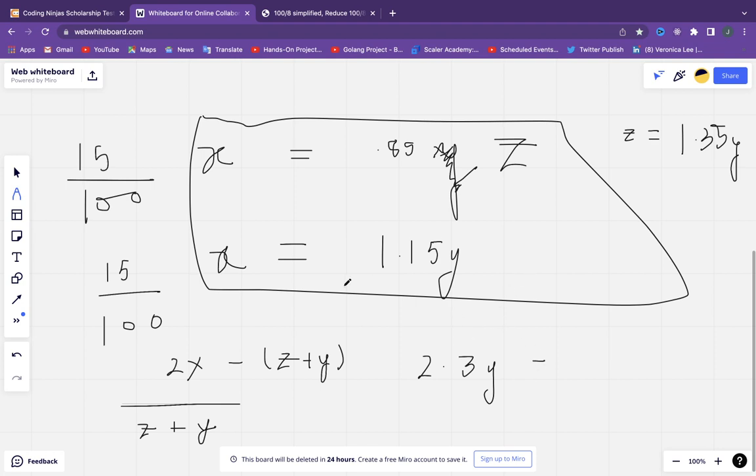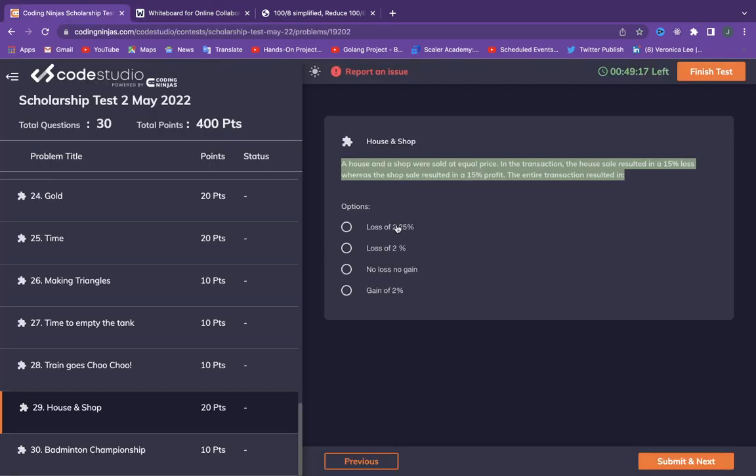So minus 0.05 Y, and the lower part would be equal to 2.35. So we got a loss of how many percentage? So 0.05 divided by 2.35, that is 0.02, that is 2% approximately, a loss of 2%.